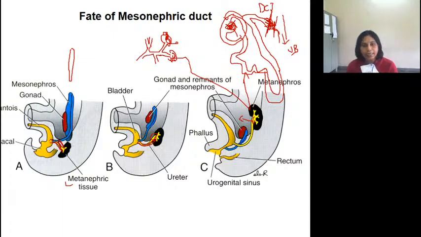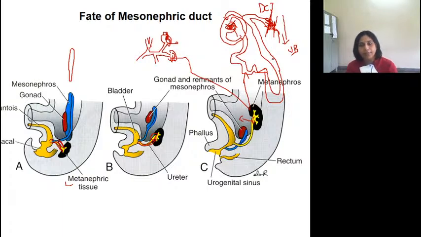So the excretory part and a part of the collecting system is developed mainly from the metanephric blastema, and most of the collecting part is developed from the ureteric bud. So the adult kidney, when you compare the mesonephros and the pronephros, is a little different from the metanephros.